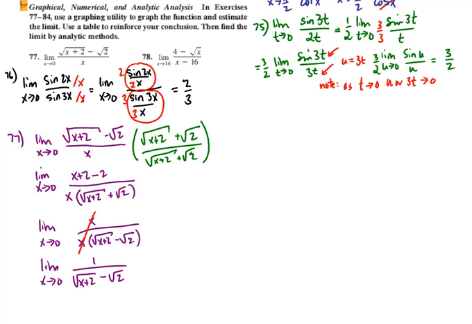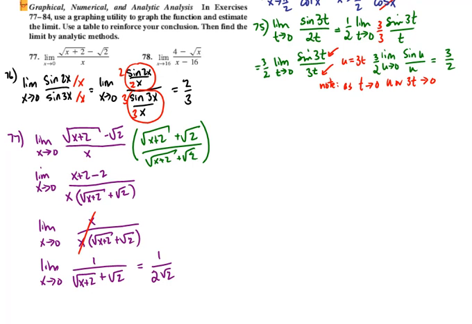Now we can plug in 0 for x, and we get, sorry, that's plus in the denominator. We'd get square root of 0 plus 2, which is square root of 2, plus square root of 2, which is 2 times the square root of 2, for a total of 1 over 2 square root of 2.